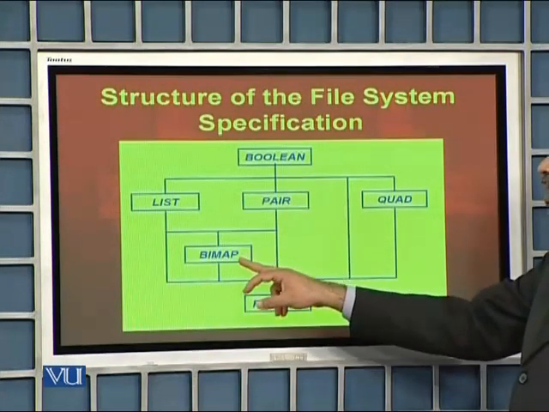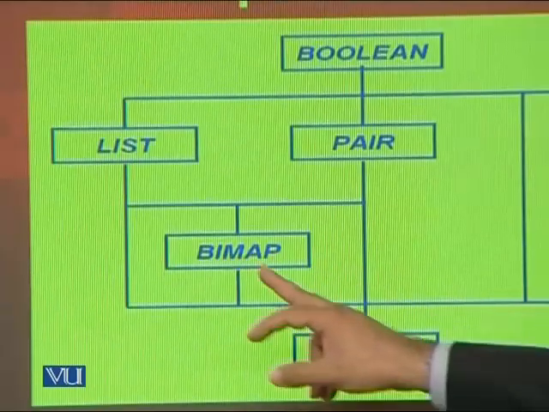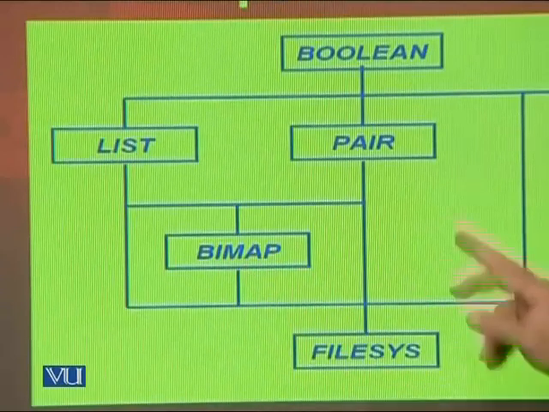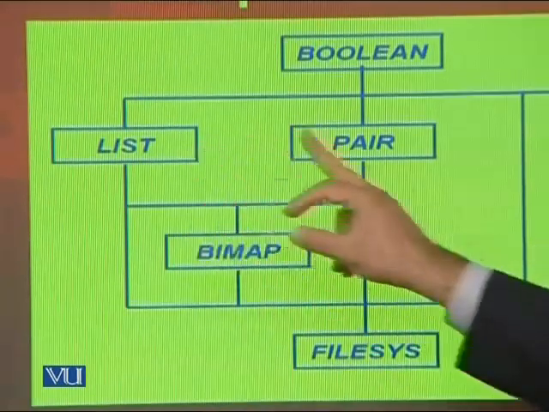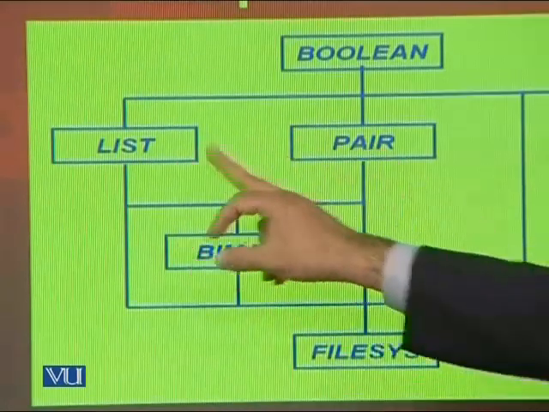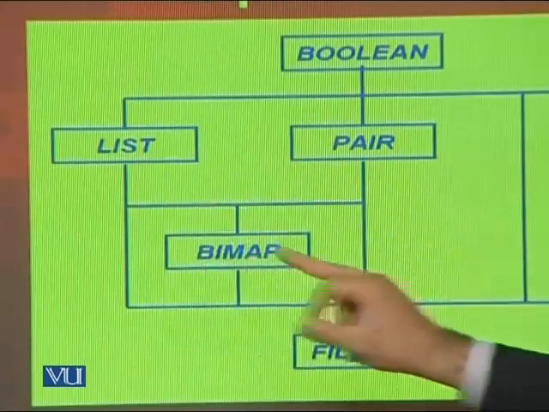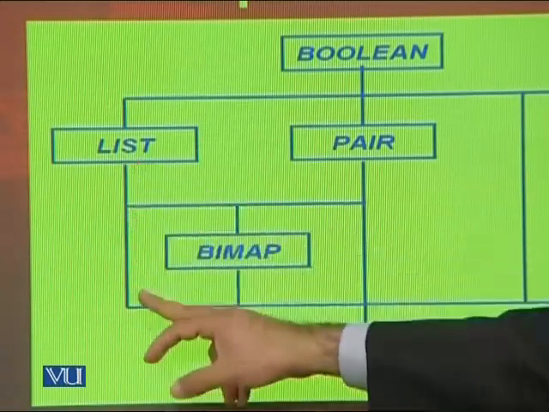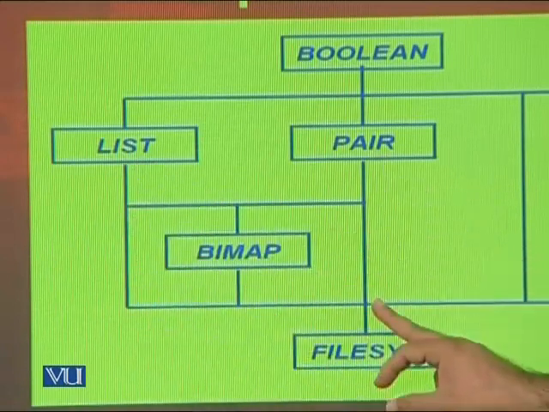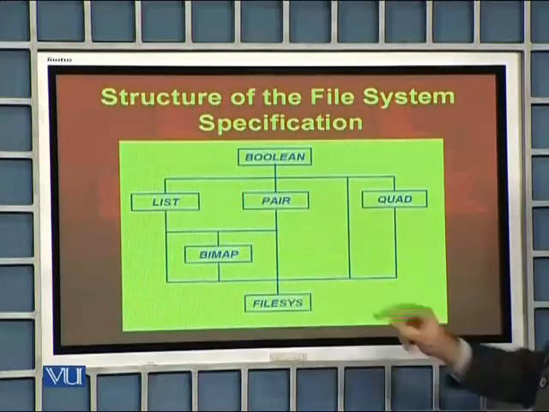Boolean is used indirectly in this another piece, BIMAP, but we are not going to use it directly. It is going to be used indirectly, because BIMAP uses this list and this pair. Both this list and this pair are used inside this BIMAP. And the file system uses list, BIMAP, pair, of course this Boolean, and this quad.